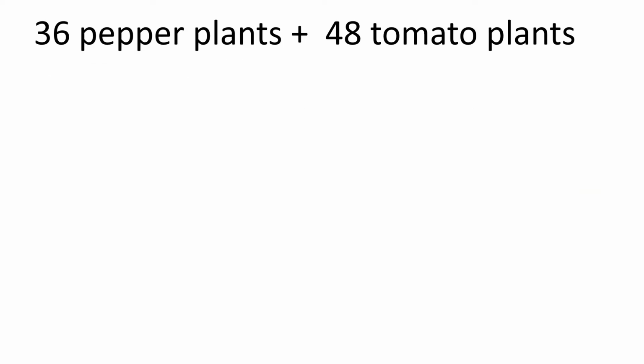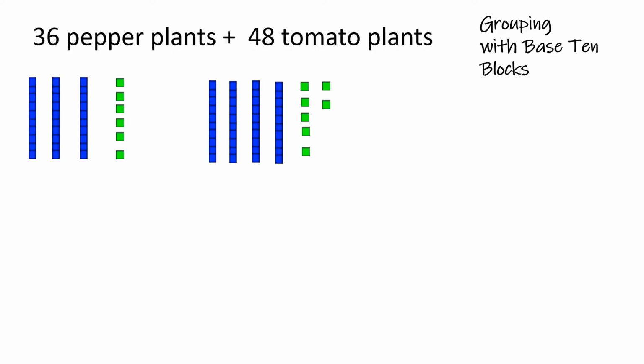Did you do an addition problem like this? 36 plus 48? Because we had to find the total number of plants Farmer Alex planted, we needed to add the 36 tomato plants and the 48 pepper plants together. One strategy that you might have used is adding with your base 10 blocks.